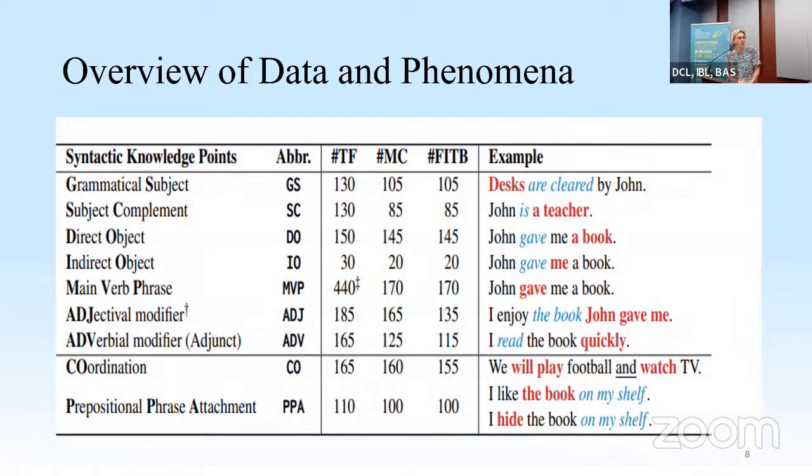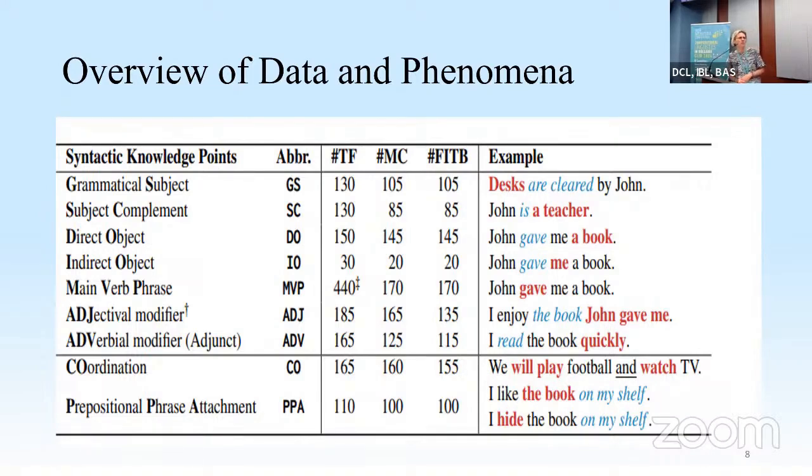So, here you can see what they actually use. From the syntactic point of view: grammatical subject, subject complement, direct and indirect object, main verb phrase, adjectival modifier, adverbial. It is also interesting to address coordination and prepositional phrase attachment because they are very tough for any theory.